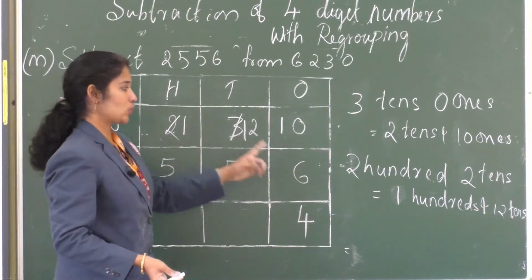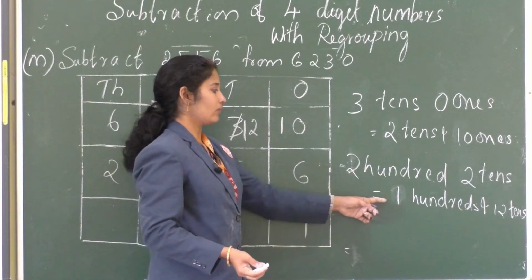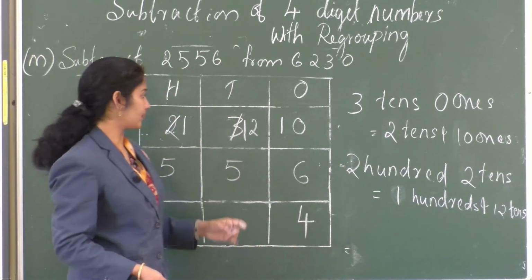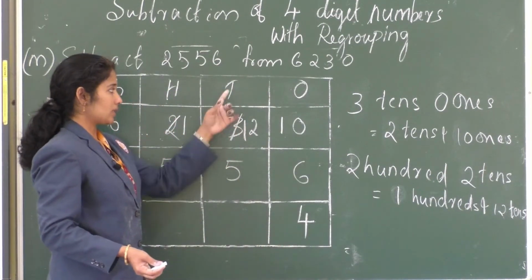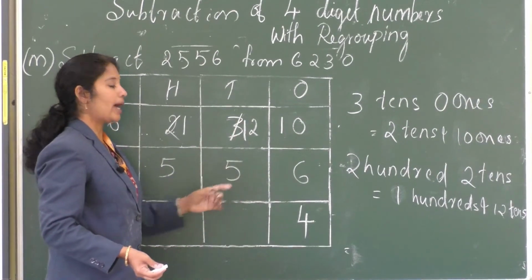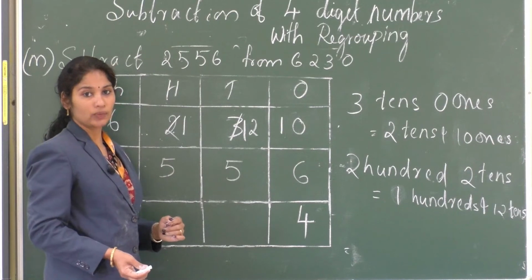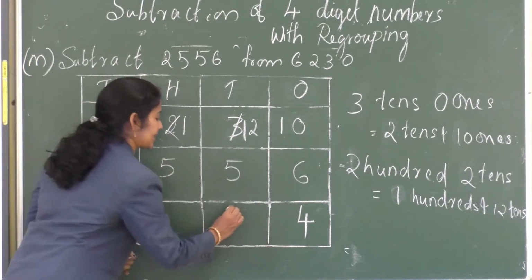Now in tens place 12 and 5. What is 12 minus 5? Yes, 7.